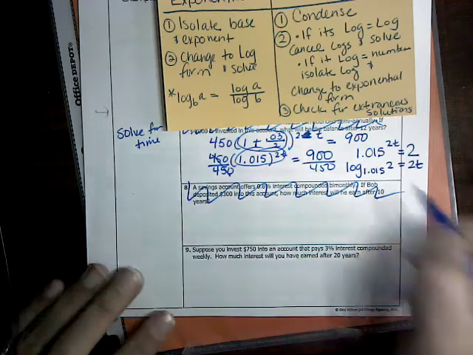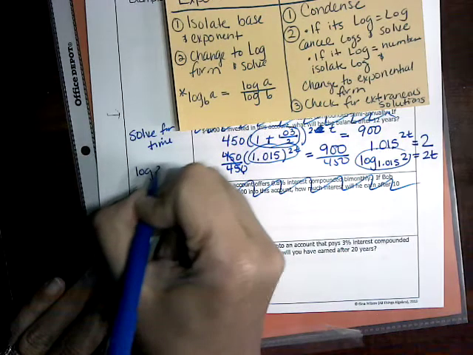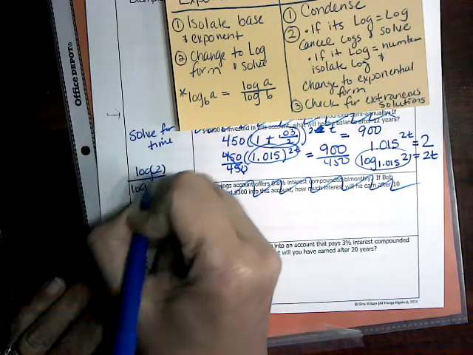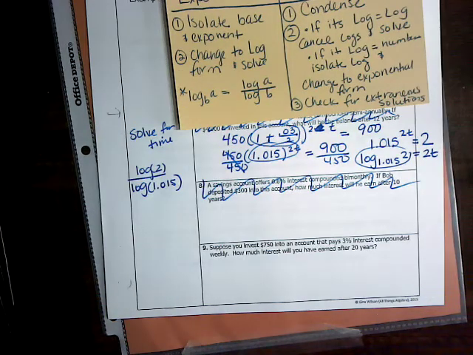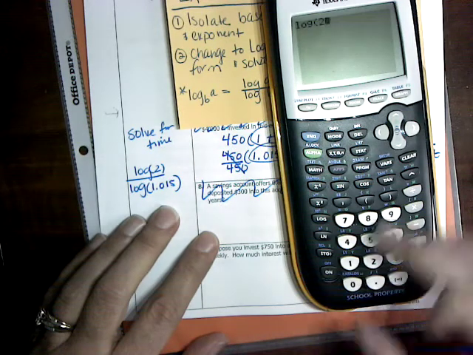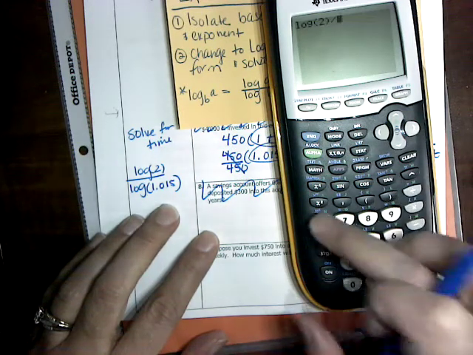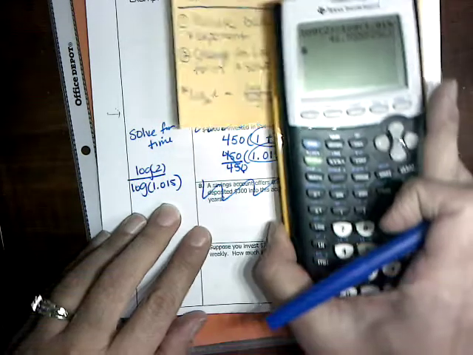All right, let's put this in our calculator. Remember, you have to put log of 2 divided by log of 1.015. And this is what you get.